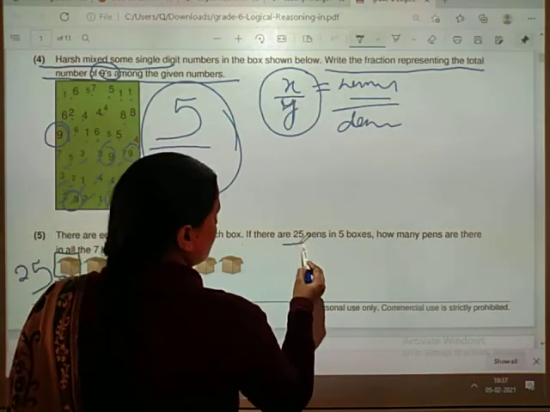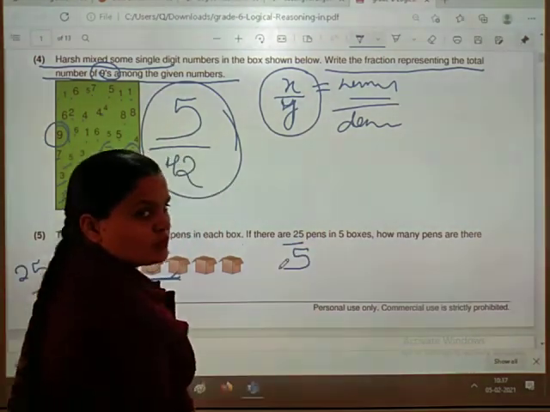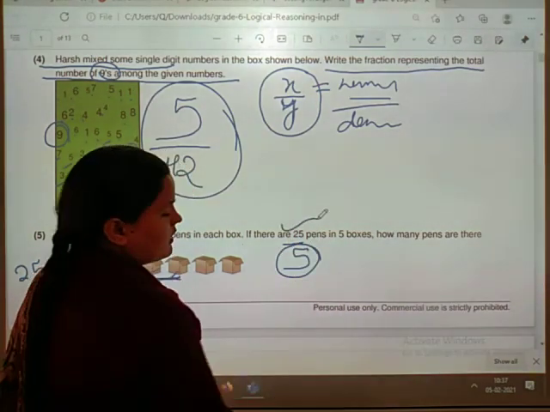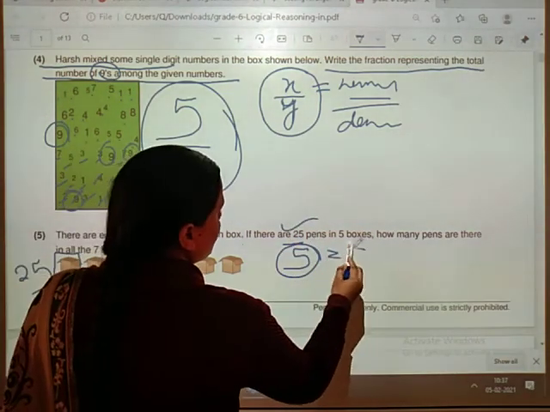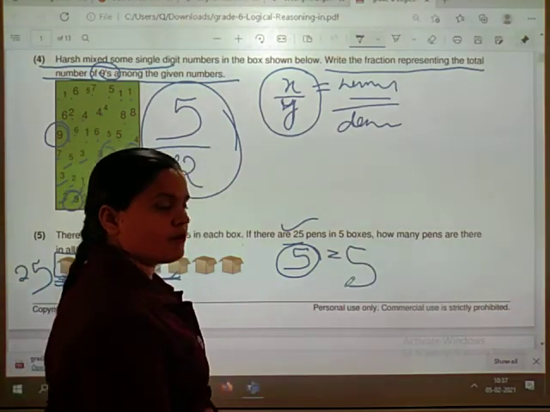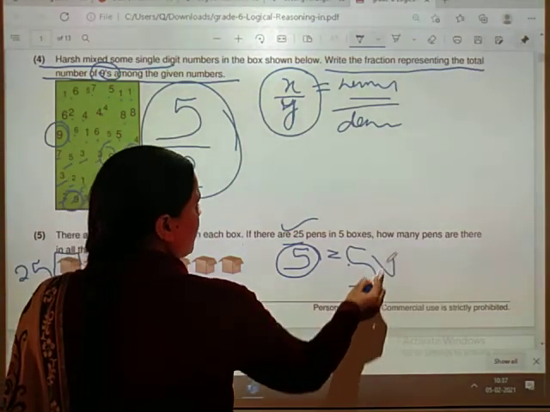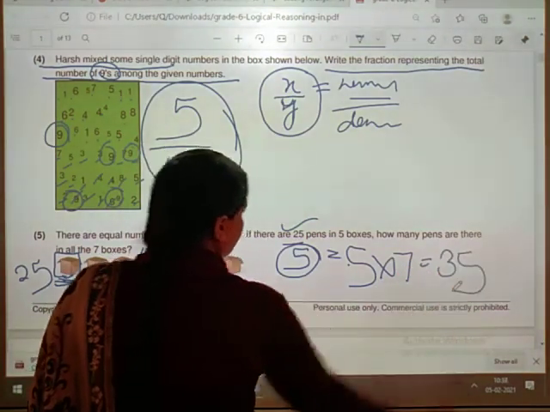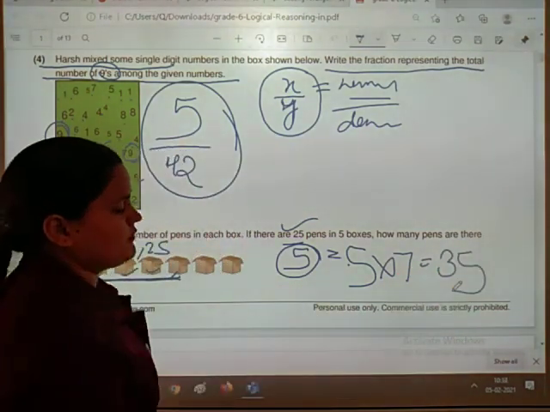So first you will do the division, 25 divided by 5, and you will get 5. Then multiply 5 with 7 and you will get 35. So the answer is 35.